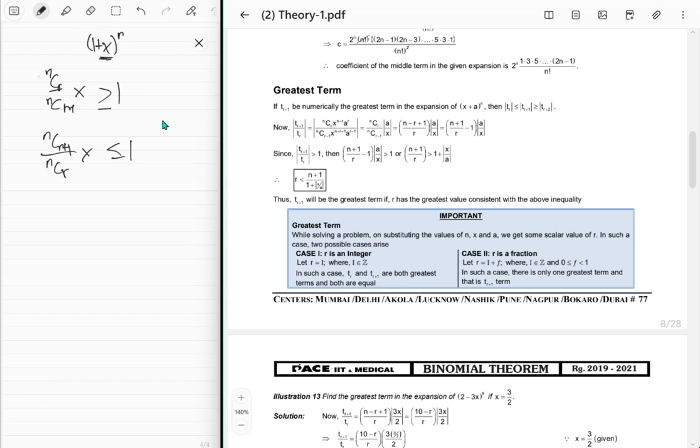First of all, this thing can be written as (n minus r) upon (r plus 1), that times x, should be less than or equal to 1. Or you could say (n minus r) upon (r plus 1) is less than or equal to 1 upon x. And we just need to figure out for what value of r this actually happens.